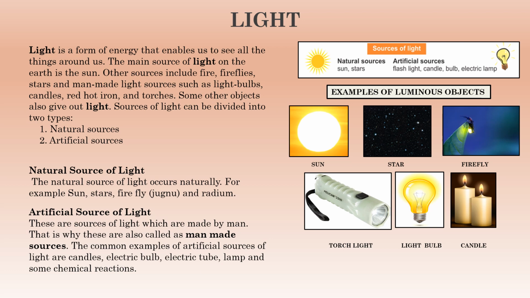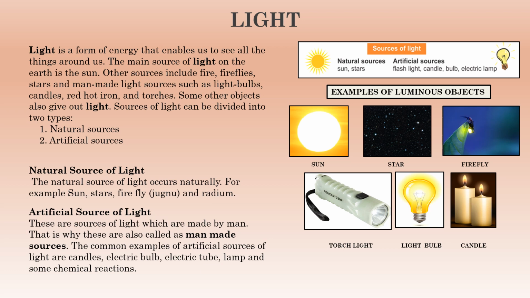Now, students, what is light? And what is the first thing that comes to your mind when we talk about light? Can anyone tell me? Yes, it is the sun. Whenever we think of light, it is always the sun that comes to our mind.